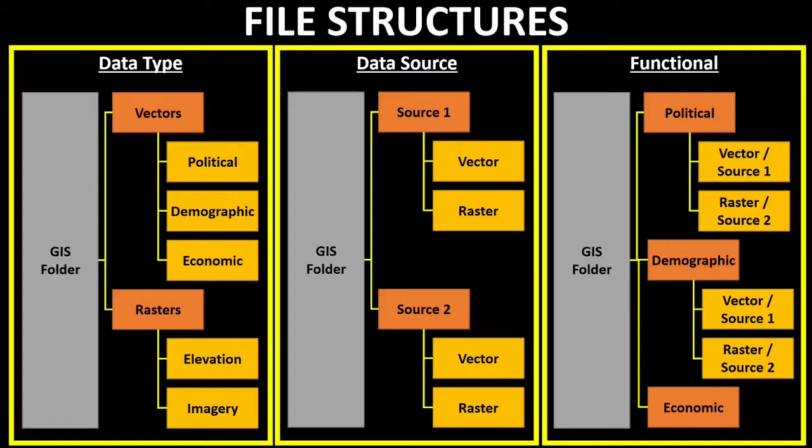So here I have 3 different concepts, and to be certain, this is not the only way to divide things up. One is by data type, and you'll have your overall GIS folder, and within there you could have vectors and rasters. Vectors are formed by points and/or line segments, and they're mostly used to identify features or locations using an XY coordinate, basically Cartesian plane type coordinates in GIS products.